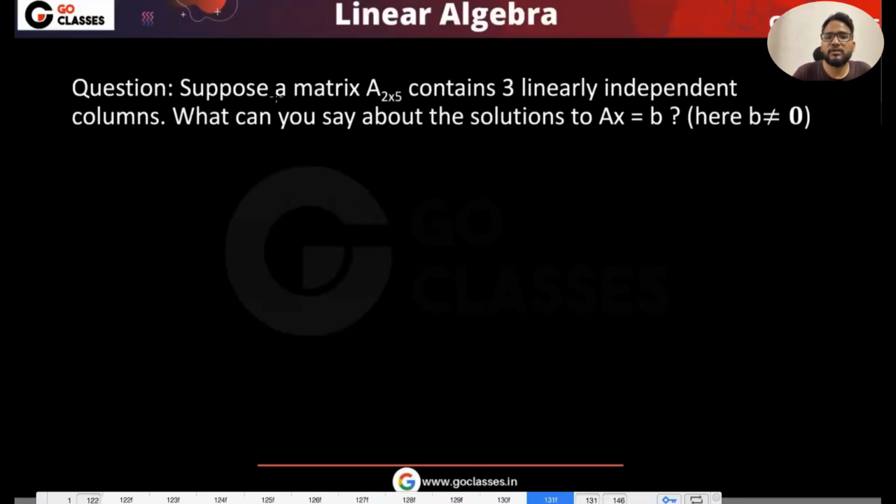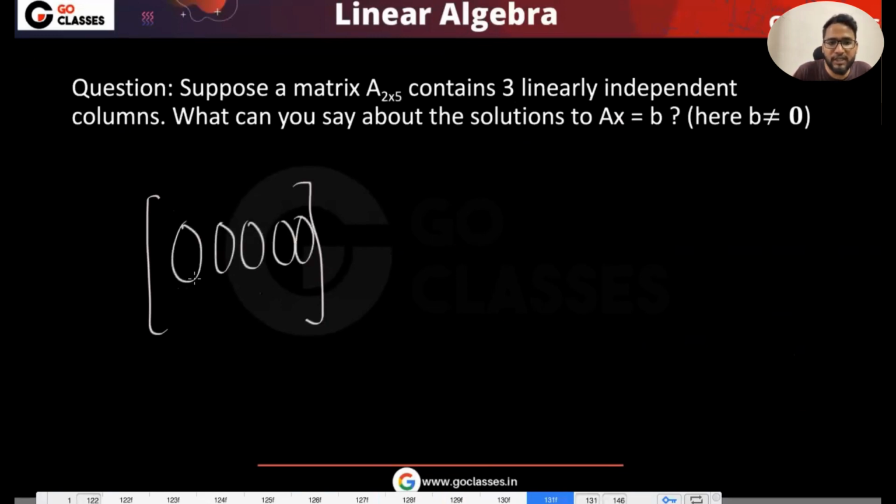So this question is saying, suppose a matrix A is 2 by 5, which means there are 2 rows and 5 columns, so everything is in R2. It contains 3 linearly independent columns.